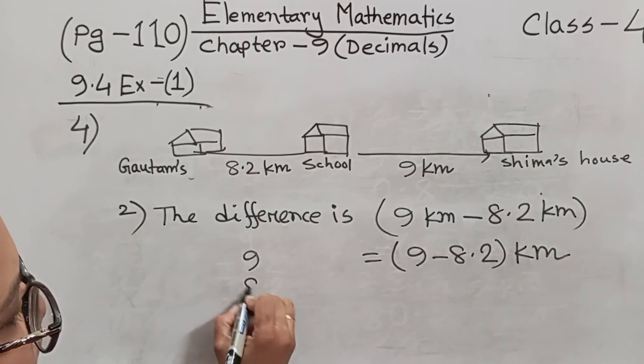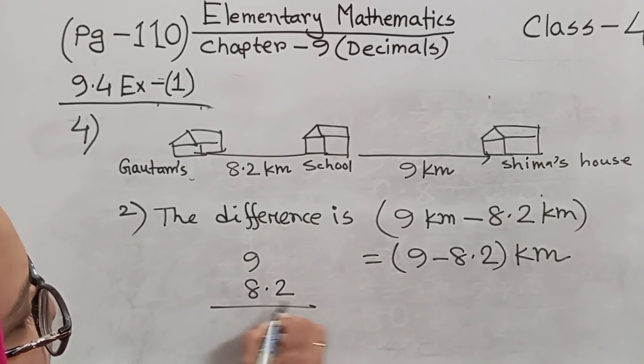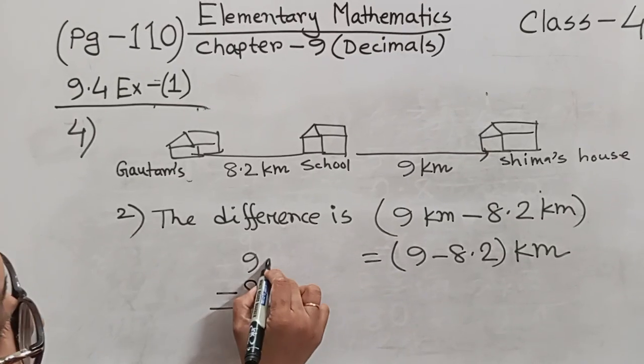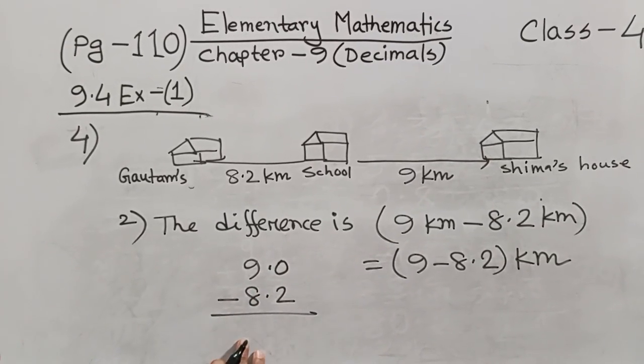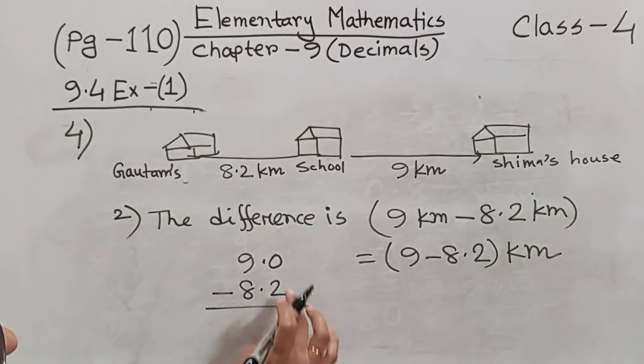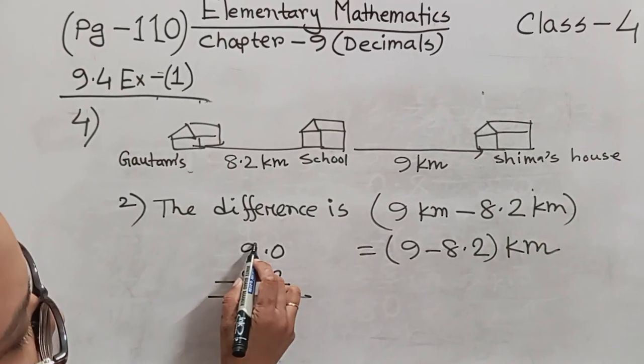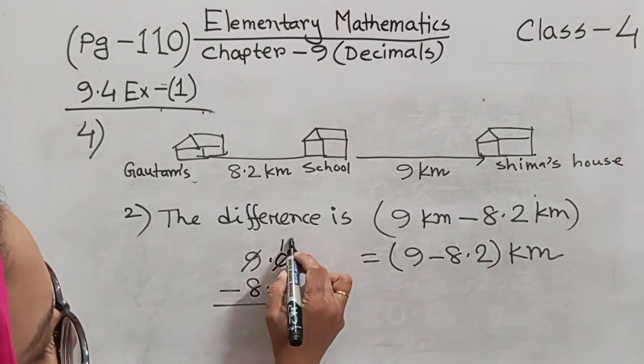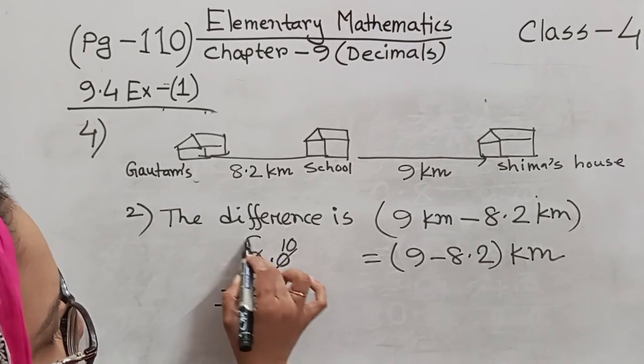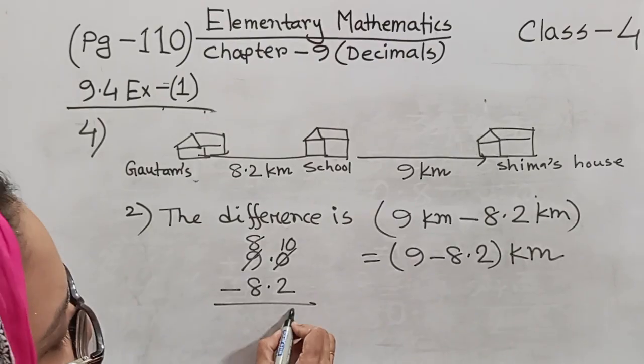9, 8.2 minus. So for subtraction I will take here 0. So we cannot subtract 2 from 0. From this 9 I will take 1, it will become 10 and it will become 8. 10 minus 2, 8.